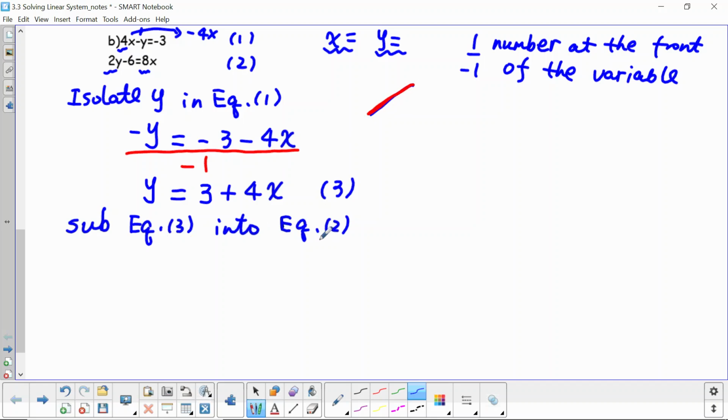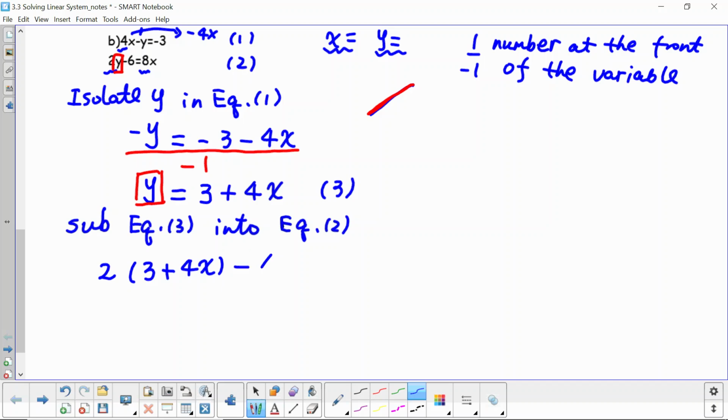So substituting into equation 2, we are going to box y, get rid of this y, box it and kick it out. So 2 times the equivalent, which is 3 plus 4x, so kick the y out, kick the box out.